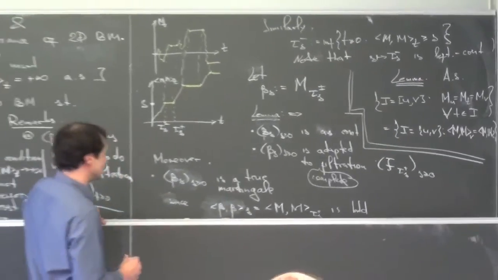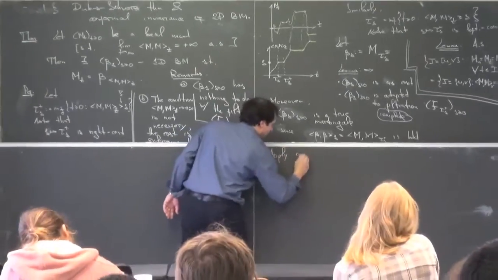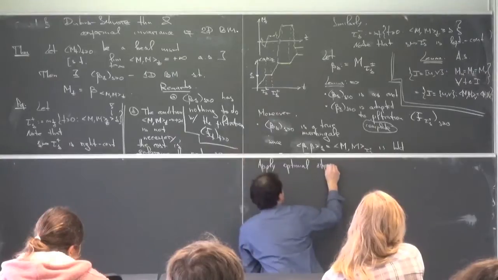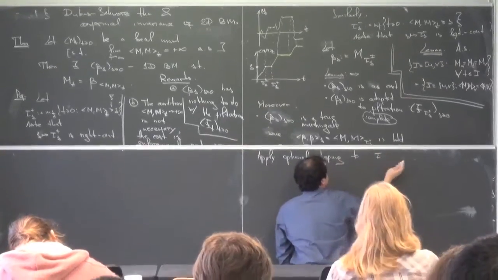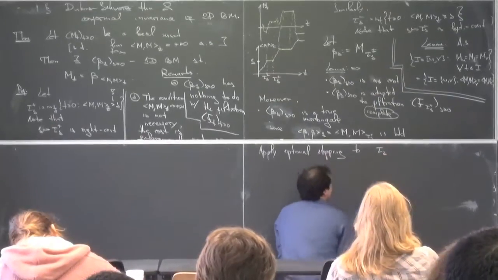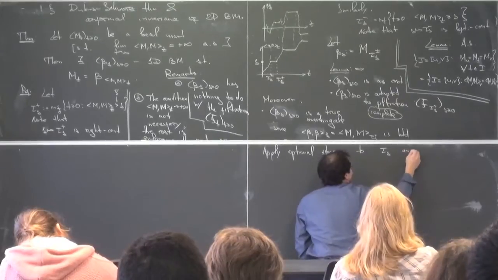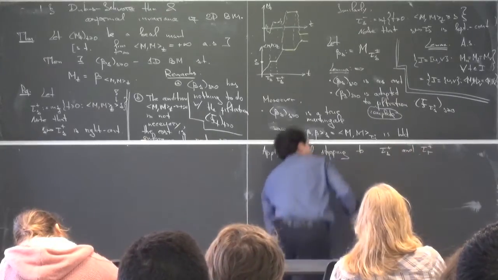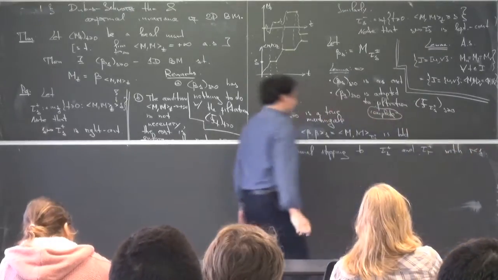So now we apply optional stopping to tau_s and tau_r, for instance, with r less than s.